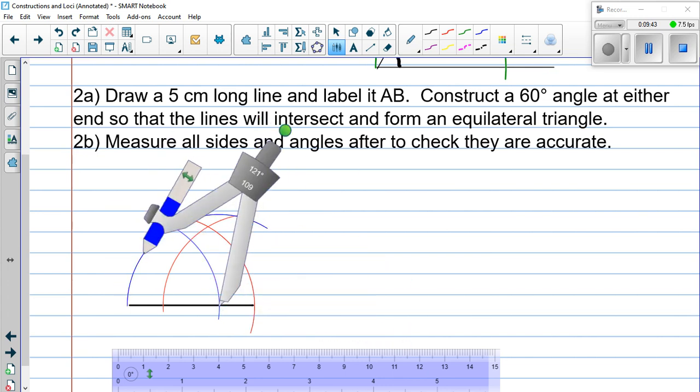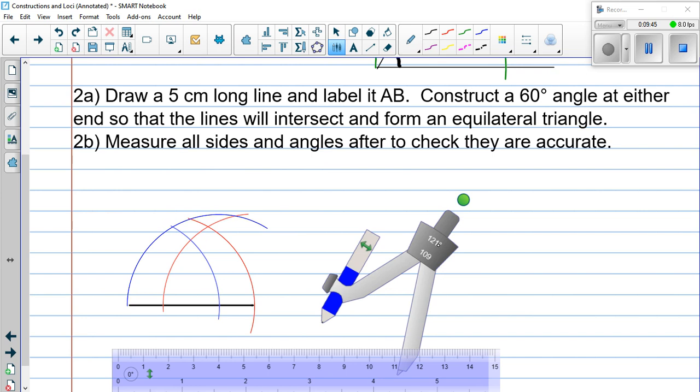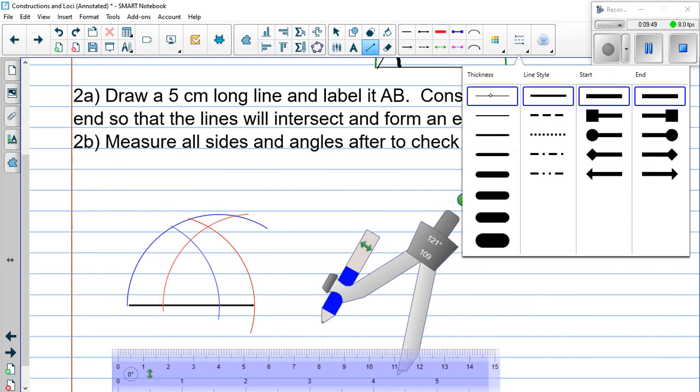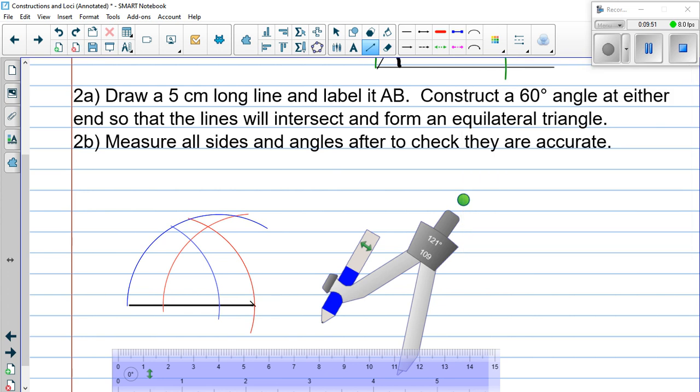And there we go. So we have our intersection points. So last thing we can do is we can draw from our ends to our one intersection, and then from our other end through to our other intersection.